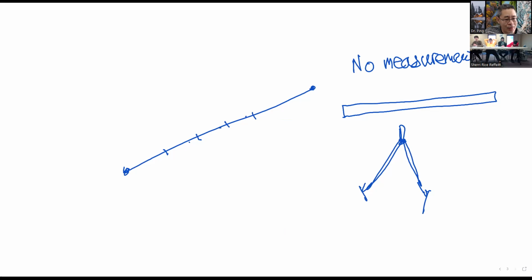So now what we can do, we know we can draw a circle. And now we can just keep drawing that circle which has the same radius.